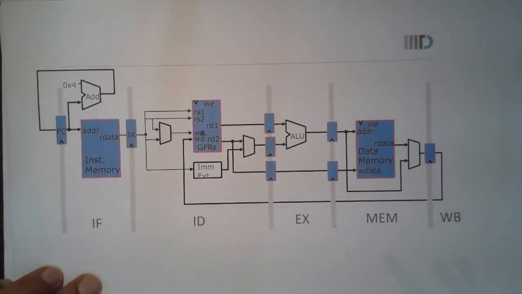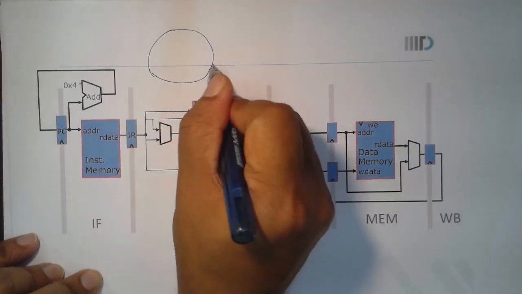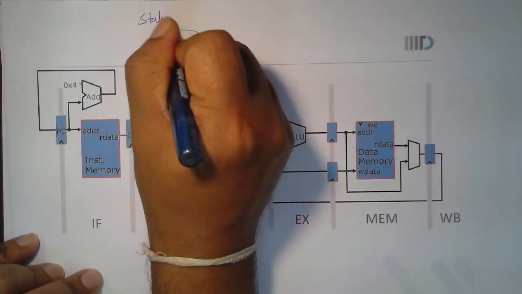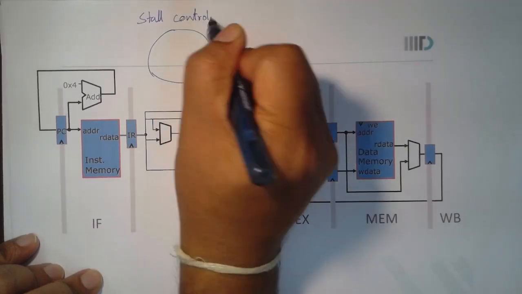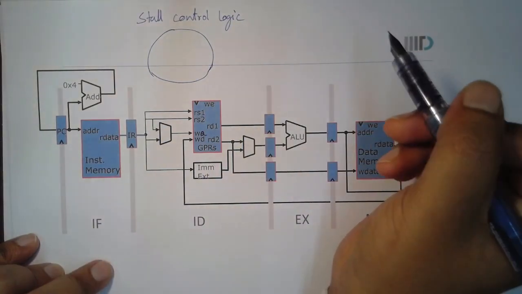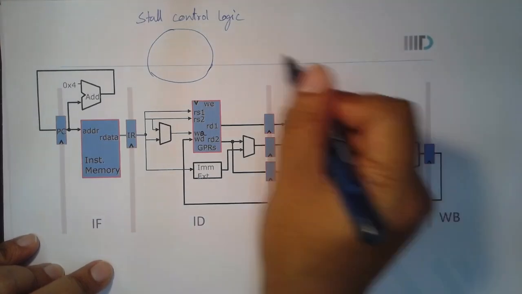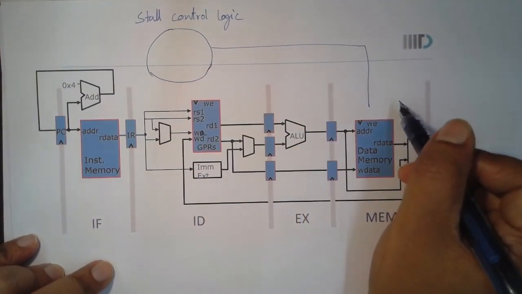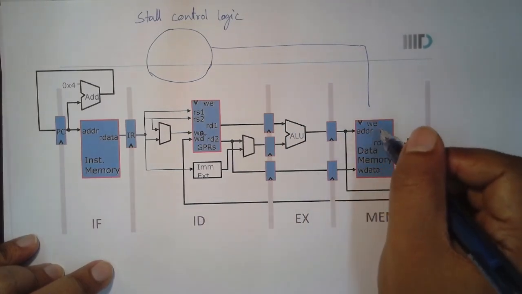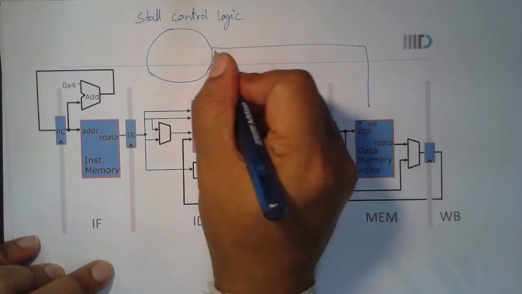So, what we are saying is that we will have a stall control logic here. Now, the stall control logic will get feedback from this stage, and then depending on where all your data are getting updated, you can get this feedback value.